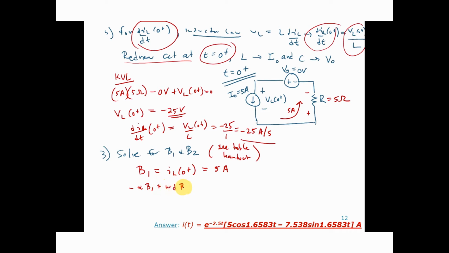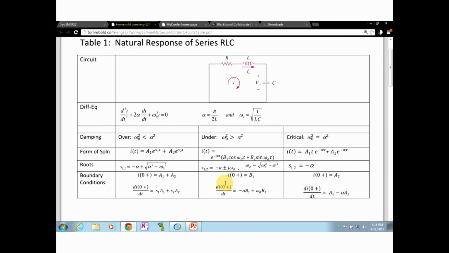Plus omega d B2. And where did that come from, by the way? It came from the table, but what does that mean? If you differentiate this expression, you first take the derivative of the exponential: it's minus alpha e to the minus alpha t times B1 cosine omega t, plus e to the minus alpha t times the derivative of the cosine, which is minus B1 sine, and plus B2 times the derivative of the sine, which is B2 cosine.